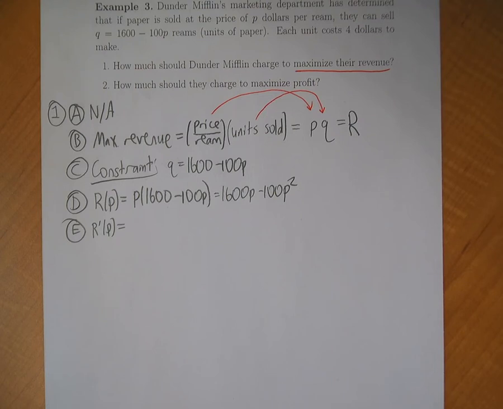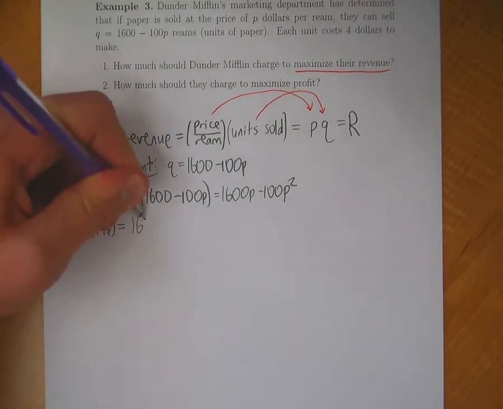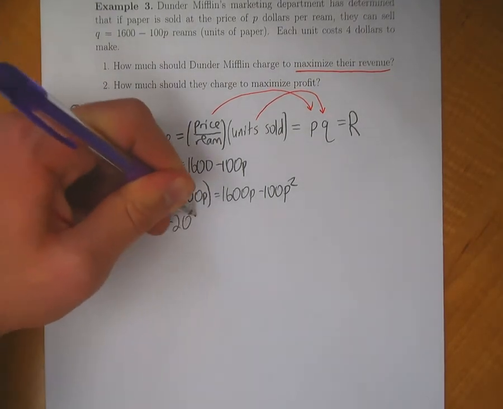Go ahead. 800. P equals 800. Okay. So first off, let's take a step back. What's the derivative? It'll be 1600 minus 200P. Yep, 1600 minus 200P.